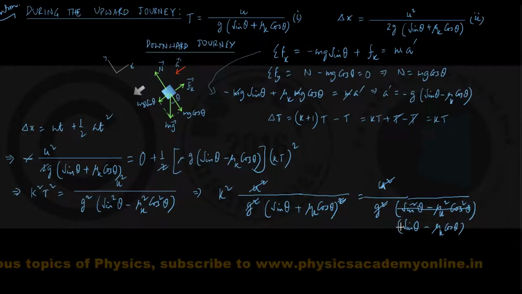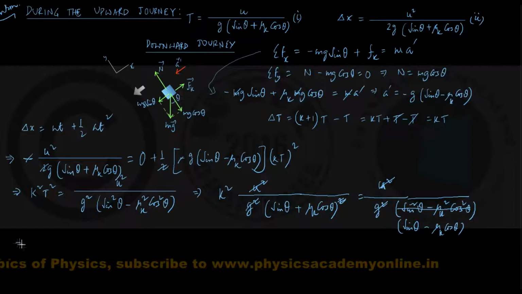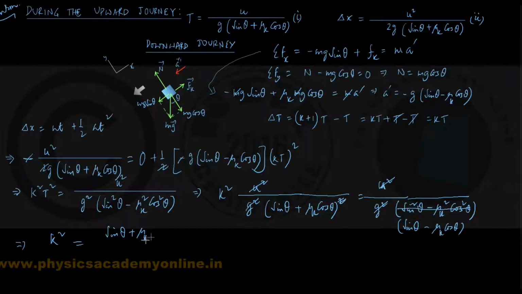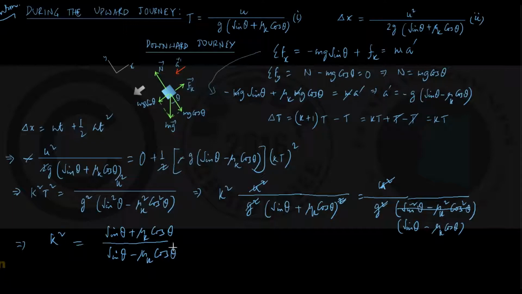Just check this. So, eventually I am getting that k square is equal to sine theta plus mu k cos theta divided by sine theta minus mu k cos theta.